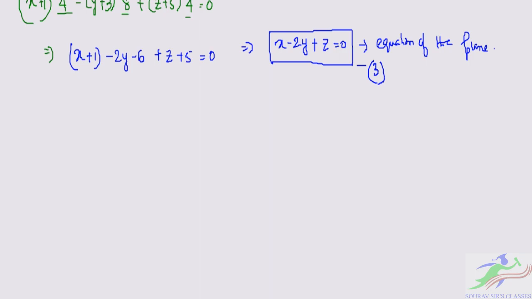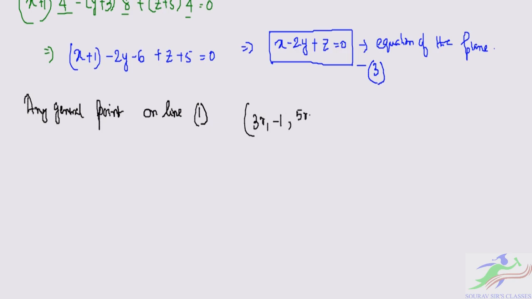Now any general point on line 1, that is equation number 1, is given by 3r1 minus 1, 5r1 minus 3 and 7r1 minus 5.